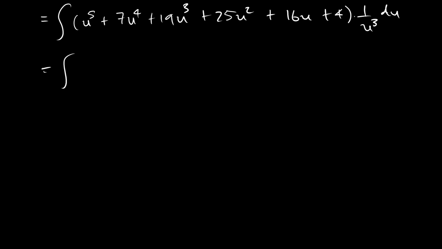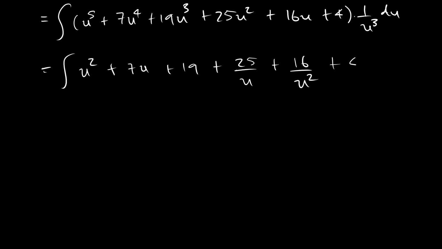This equals u squared plus 7u plus 19 plus 25 over u plus 16 over u squared plus 4 over u cubed.